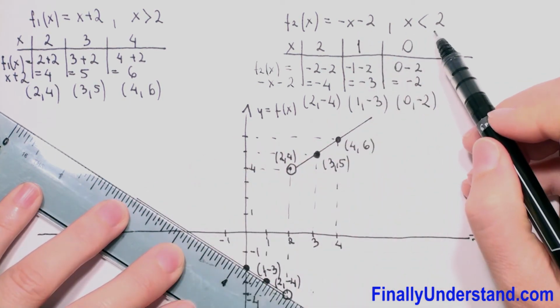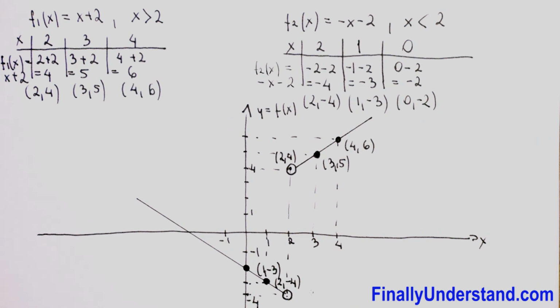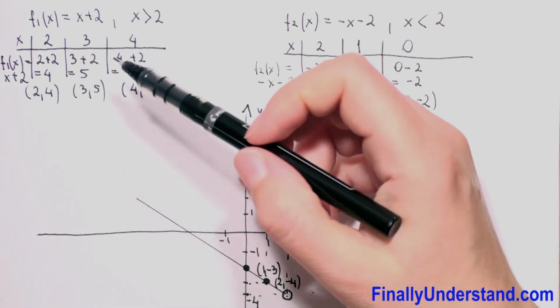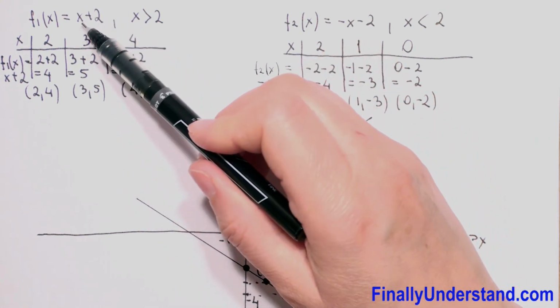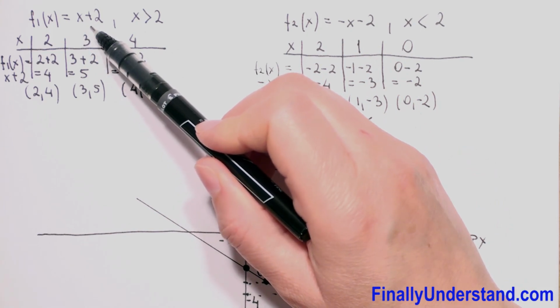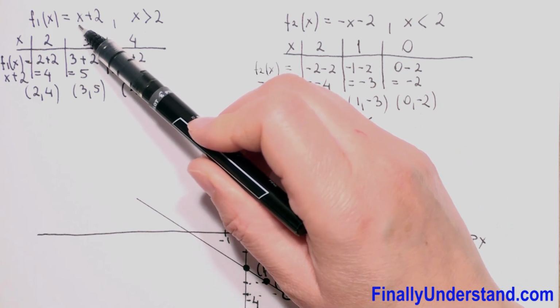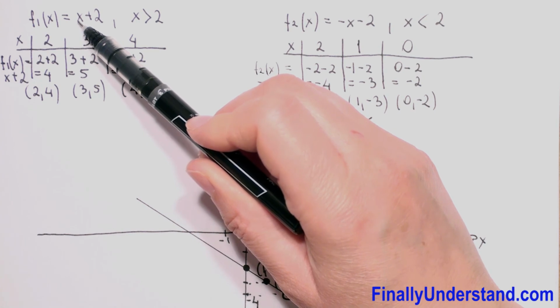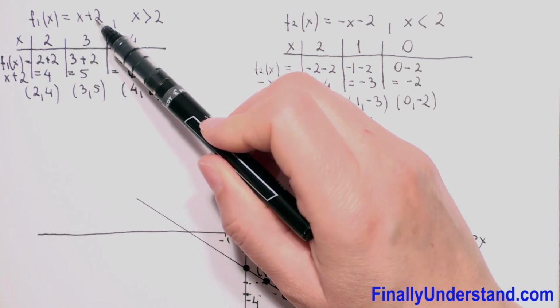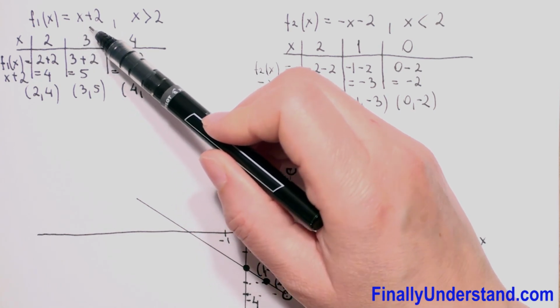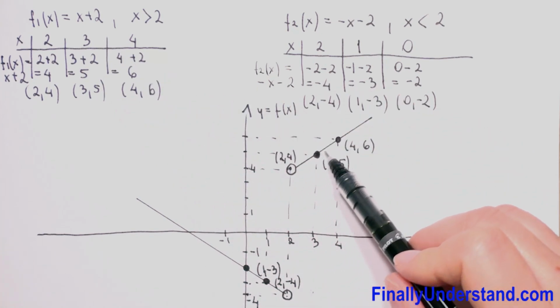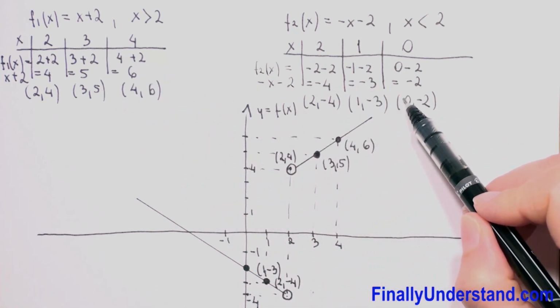X is less than 2, so let's check one more time. The first part of our f function is x plus 2, a linear function, and the coefficient before x is positive, so our line should increase. Let's see, this part is going up, it means increasing, everything is okay.